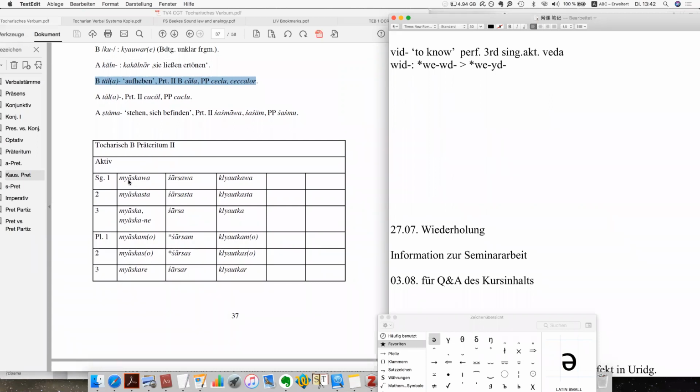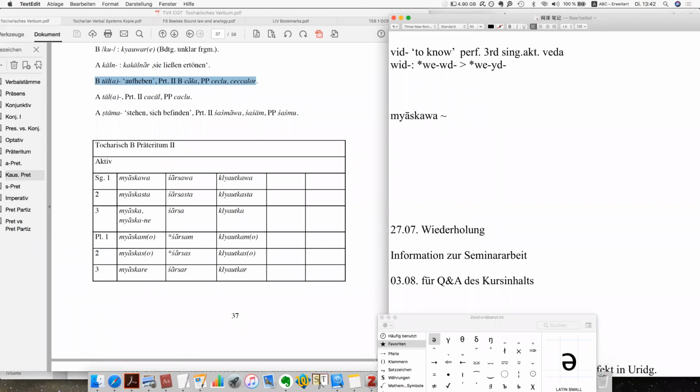In B, miaskawa, miaskasta, and miaska. So you always find a palatalization here, right? And also this word, shar sawa, shar sasta. So miaska, miaskawa.